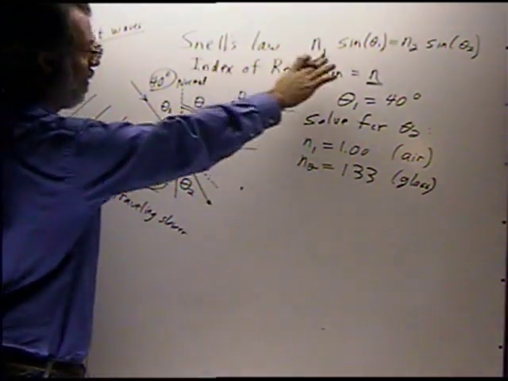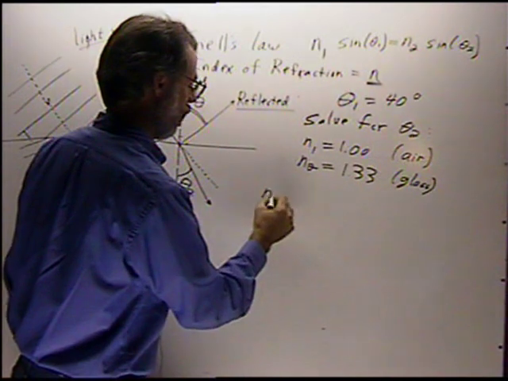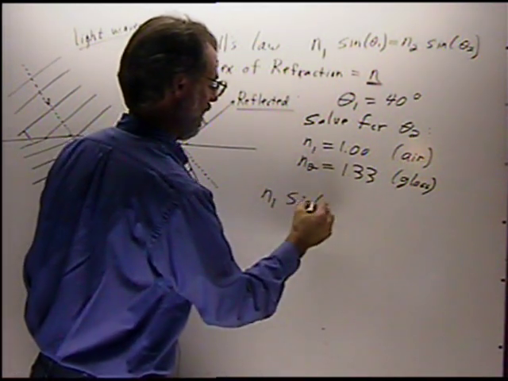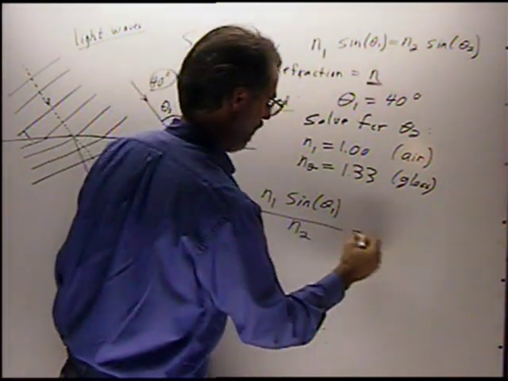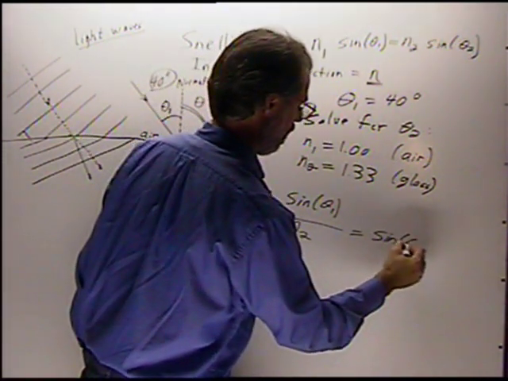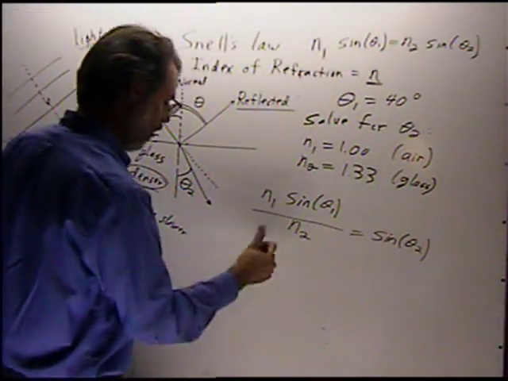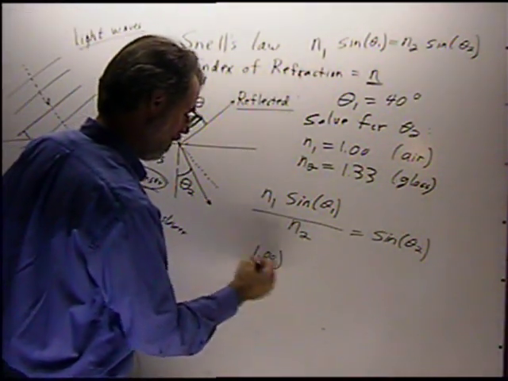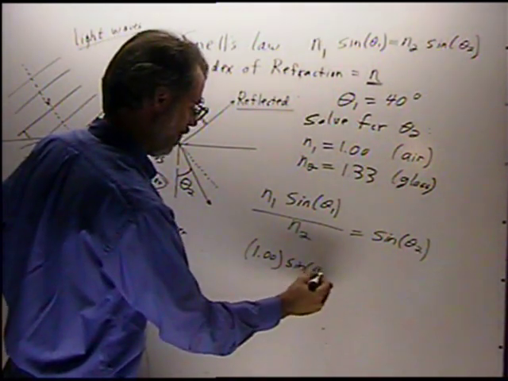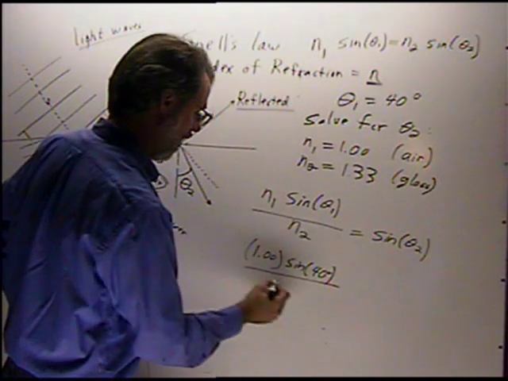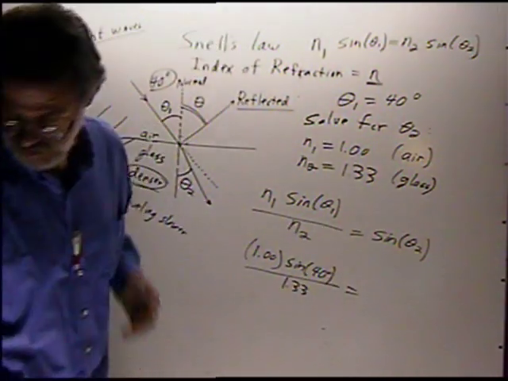Let's use Snell's law to solve for theta 2: N1 times sine of theta 1 divided by N2 equals sine of theta 2. Let's plug some numbers in. N1 is 1, so this is sine of 40 degrees divided by 1.33.